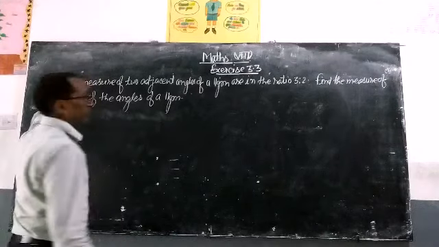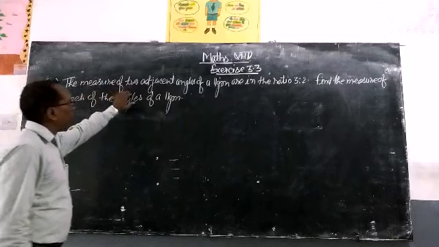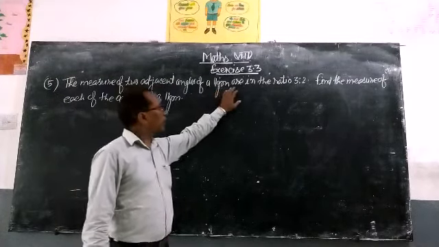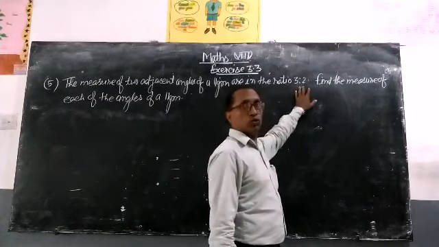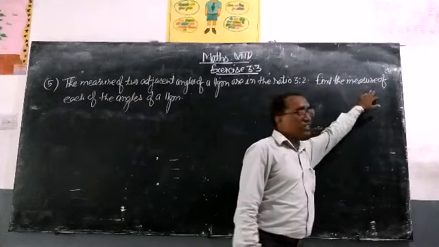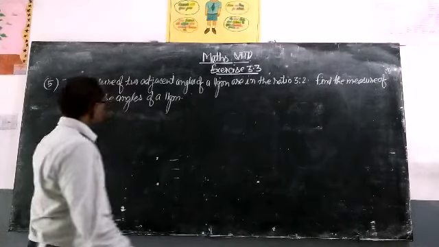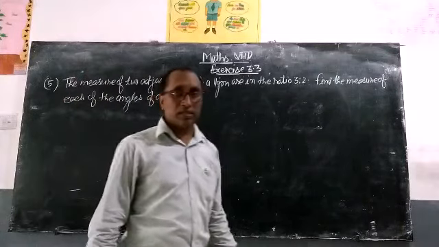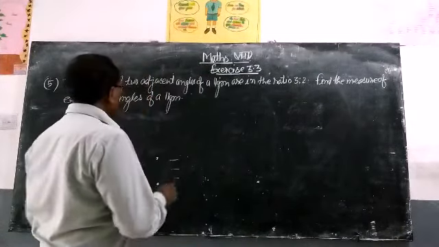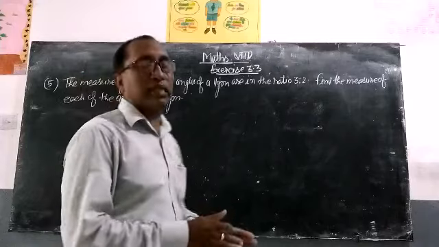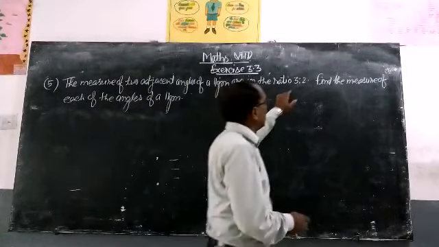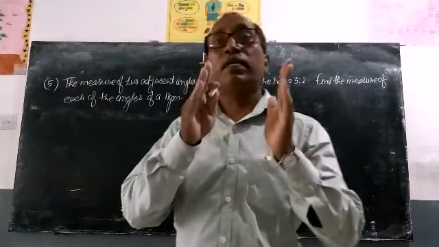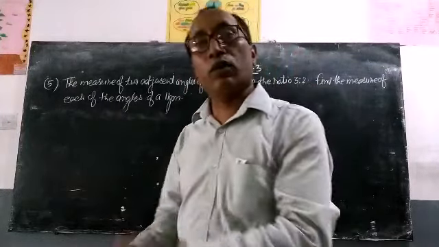Question number 5. The measure of two adjacent angles of a parallelogram are in the ratio 3:2. Find the measure of each of the angles of the parallelogram. Means here the ratio between two adjacent angles of a parallelogram is given as 3:2, and find out the value of each angle of the parallelogram.